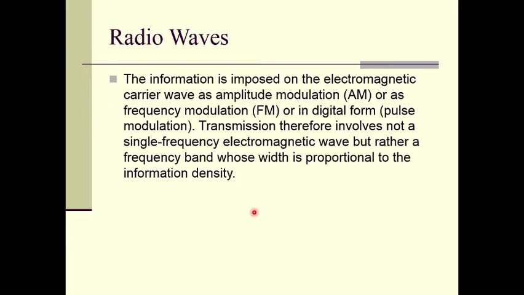So, we know the amplitude modulation and frequency modulation in terms of radio communication, right. We know the radio sets, All India Radio. There we have the AM and FM bands. AM stands for amplitude modulation and FM stands for frequency modulation.